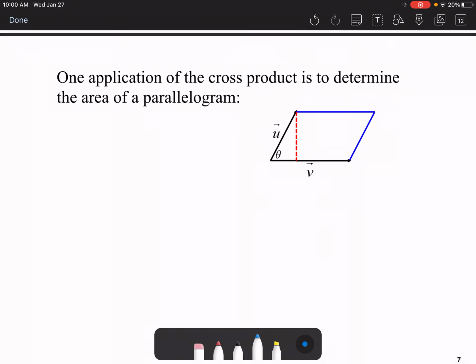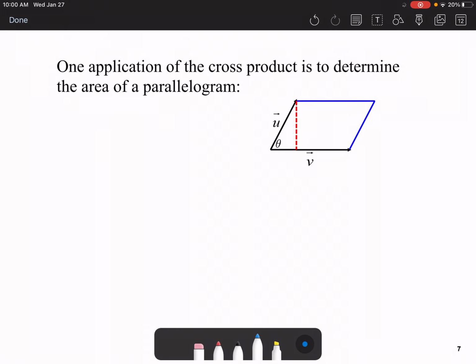One possible application of the cross product is used in the area of a parallelogram. So as you can see, we have two vectors u and v that are tail to tail here, and they have an angle of theta in between them. Well, I'm not sure if you remember the area of a parallelogram, but the area of a parallelogram is based on base times height.